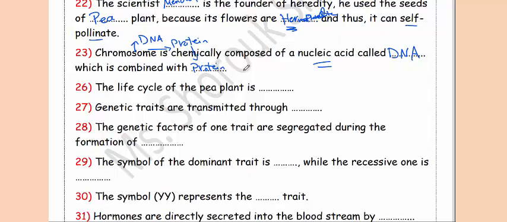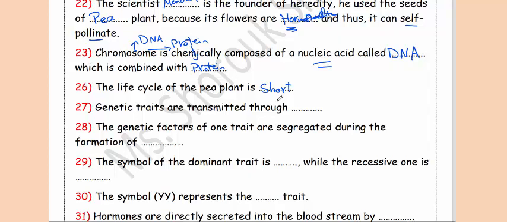Easy, easy. Number 26. The life cycle of the pea plant is just short. And it was one of the reasons why Mendel chose the pea plant, because it has a short life cycle. 27.